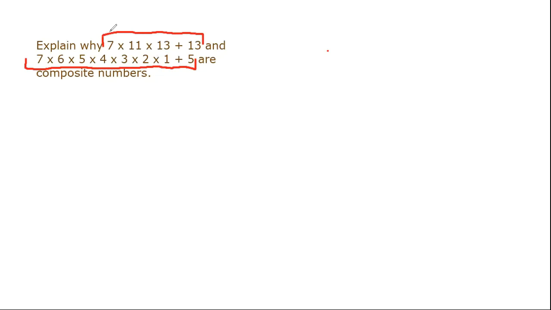But here the expression is not in product form. In the first expression, 7 into 11 into 13 is okay, but the last term is plus 13. We have to rearrange this into a product form of prime factors.